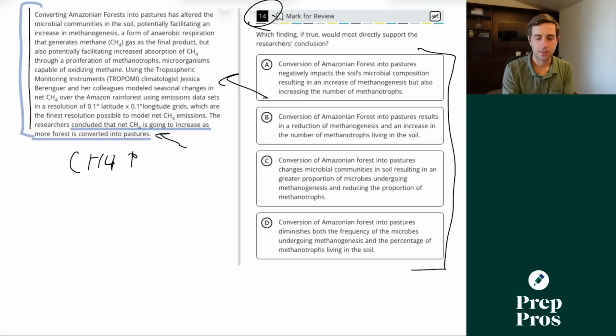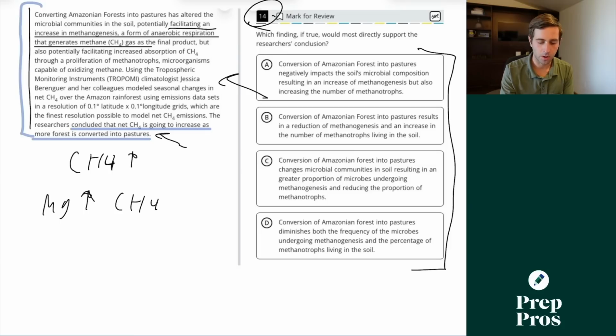And what we can see is we're facilitating an increase in methanogenesis, a form of anaerobic respiration that generates methane gas. So all I would think here is, okay, methanogenesis increases. That means our CH4 is also going to increase. These 2 things are positively correlated. But we also are potentially facilitating increased absorption of this through proliferation of methanotrophs.